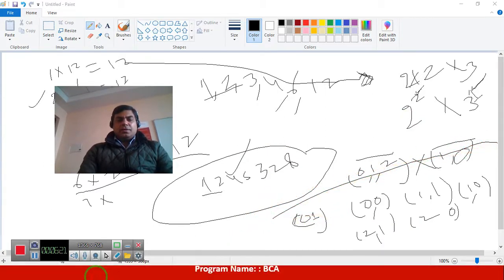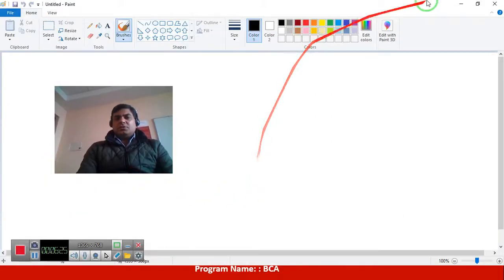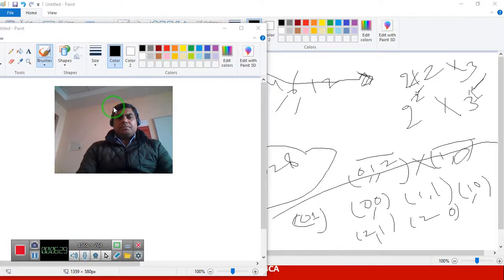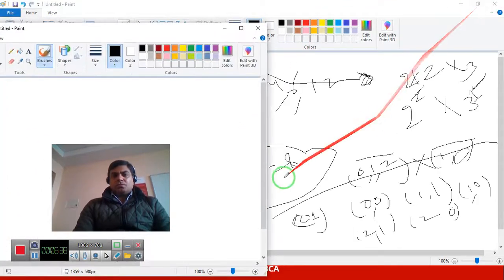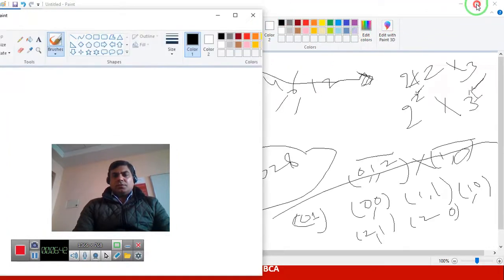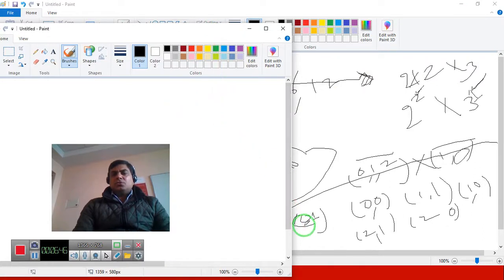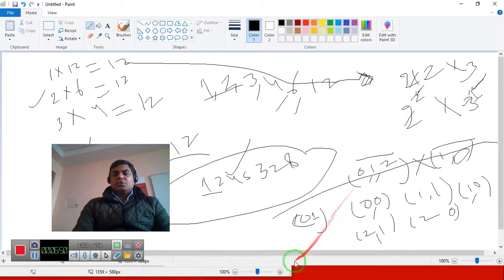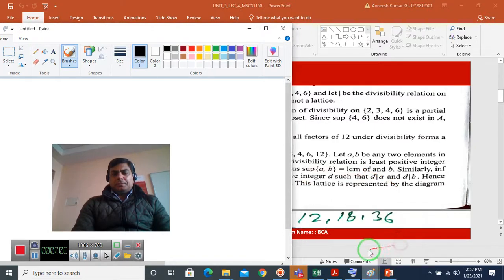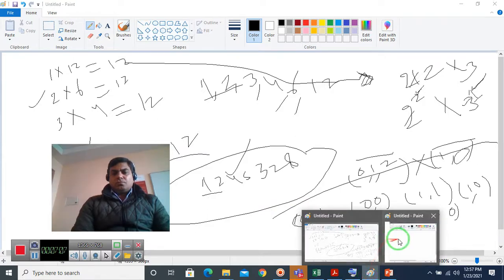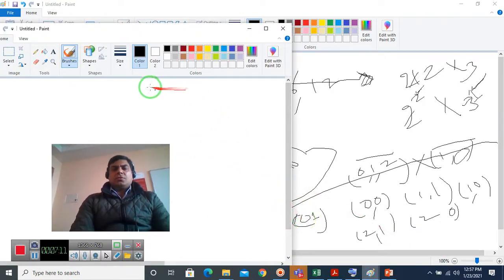I am opening a new paint window, and I will apply these numbers as powers. The first number is 2, the second number is 3, so apply 2 to the power 0 and 3 to the power 1.